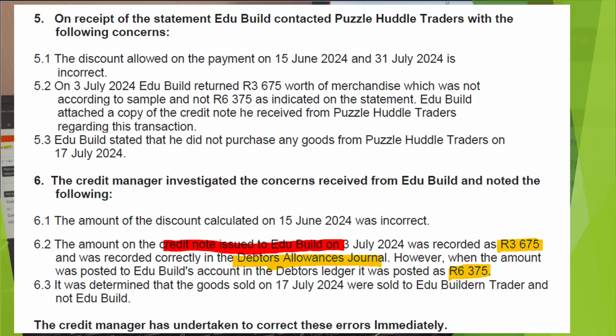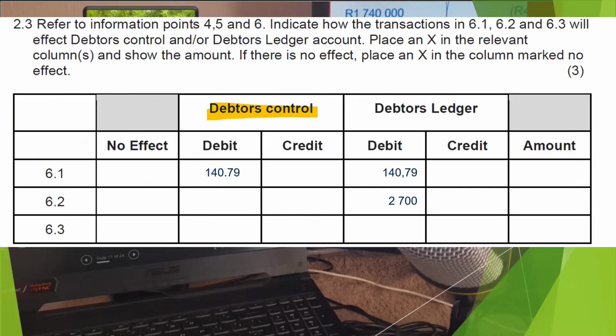What we need to do here is to take it out. Because the error was made in the debtors ledger, and even if it's there in the debtors control, the net effect will be zero. So that's why we don't touch the debtors control. But in the debtors ledger, we have to reduce the account relating to EduBuild by that 8,000 rand.